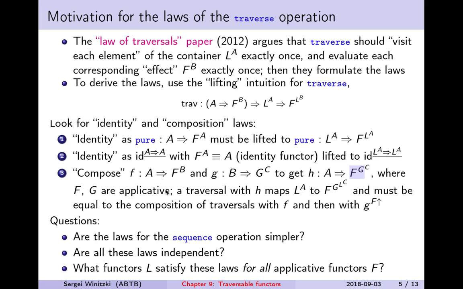We know that from the properties of applicatives. And so it is again a function of the same type, except that it has a different functor instead of f. So f functor, g functor, and the composition of such functions is going to be of this kind, which is kind of complicated. It changes the functor each time.